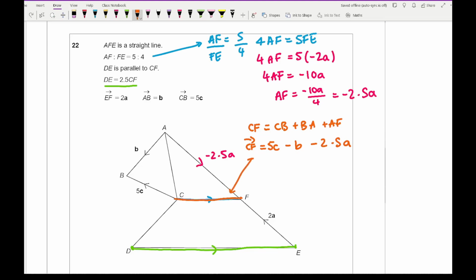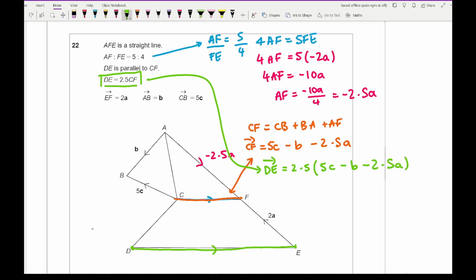Now because we know that it's parallel, we know that DE, using this here, so I'll just put a little arrow there, DE, which is what I wanted to work out, is 2.5 times CF, which is 5C minus B minus 2.5A.